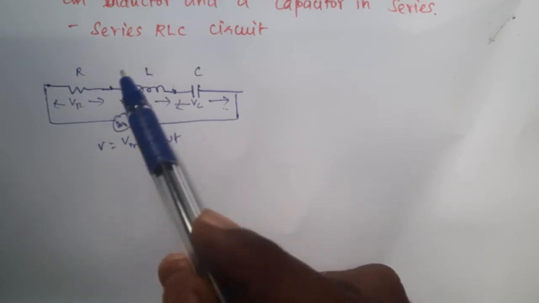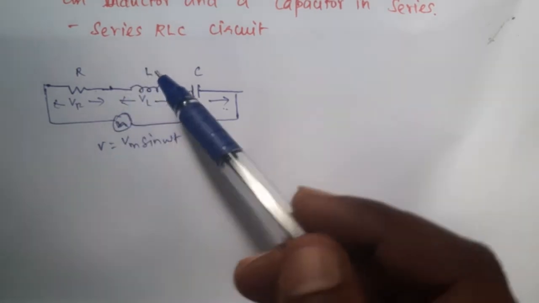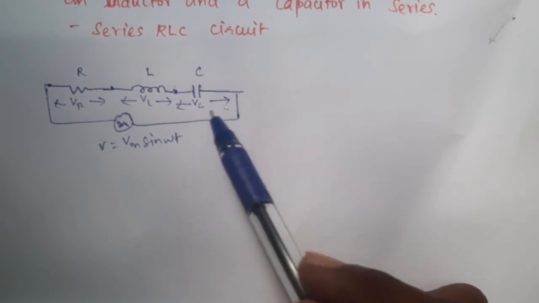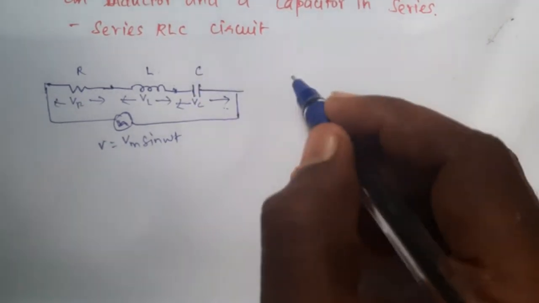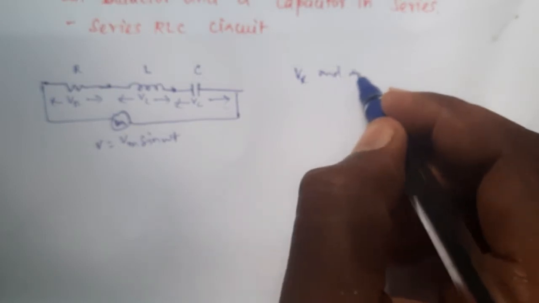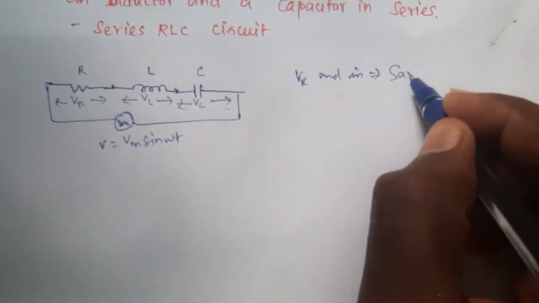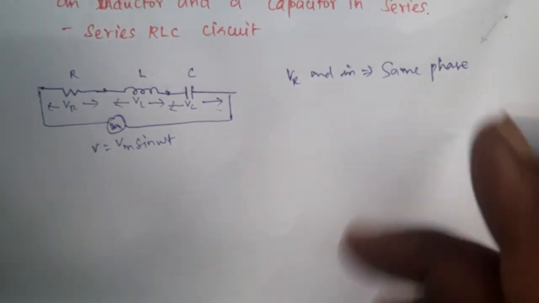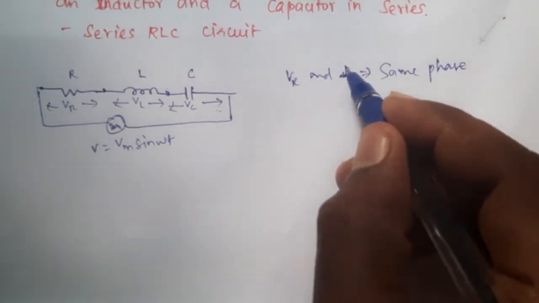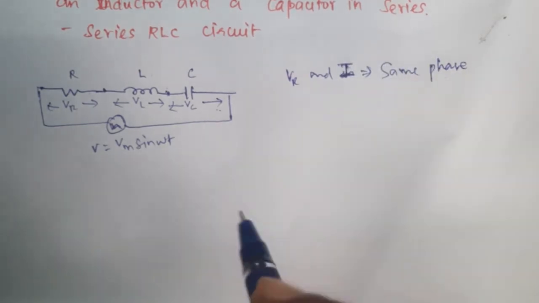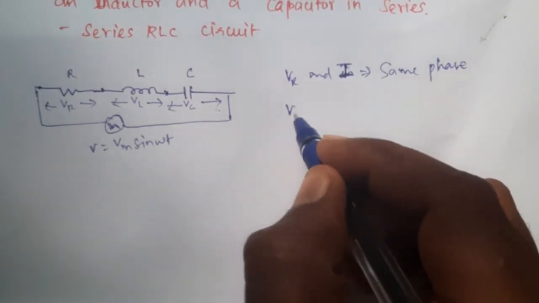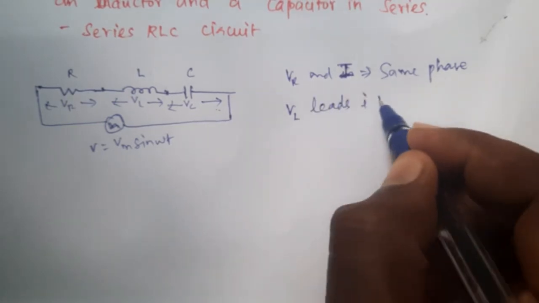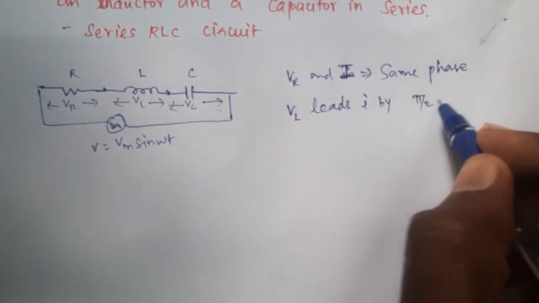The voltage across the capacitor lags behind by pi by 2. So VR and I are in the same phase, no phase difference. Then VL leads I by the phase angle of pi by 2.